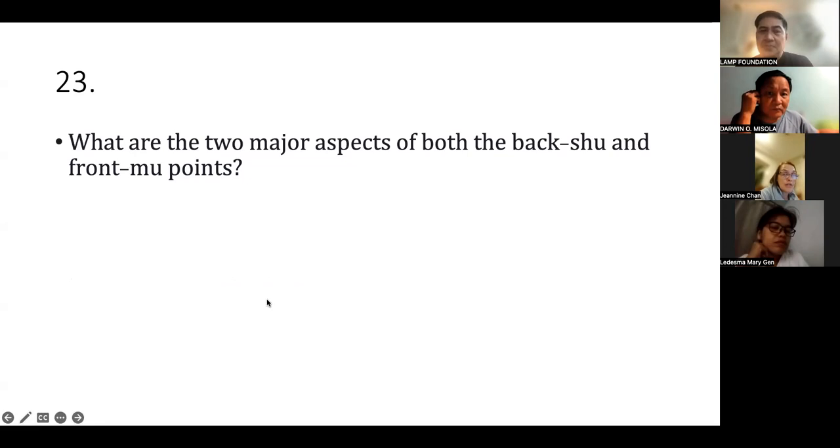Okay. More, Doc. What's your number? They are associated with specific organs and used for treatment of related organ issues.